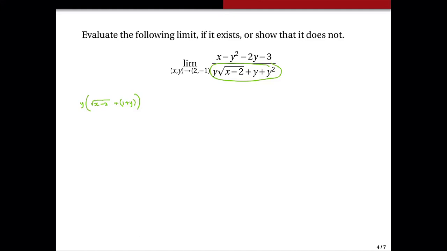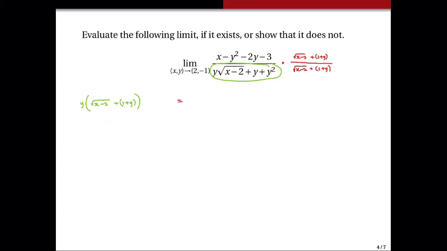So maybe we can use that same technique here. Let us try that. We multiply and divide by the conjugate of this, so it's √(x - 2) + 1 + y divided by √(x - 2) + 1 + y.